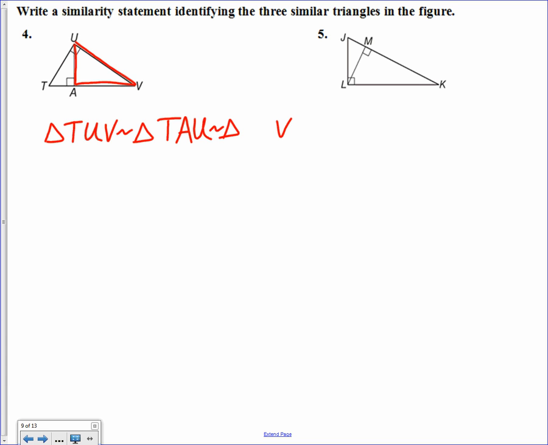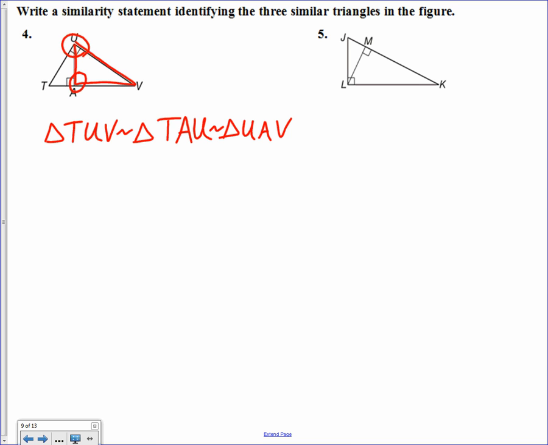The right angle again in the large triangle is U. In the red triangle, it's A. So where U is in the larger triangle, A must be in this triangle, and we are left with U. So from that, we get triangle TUV, similar to triangle TAU, similar to triangle UAB.